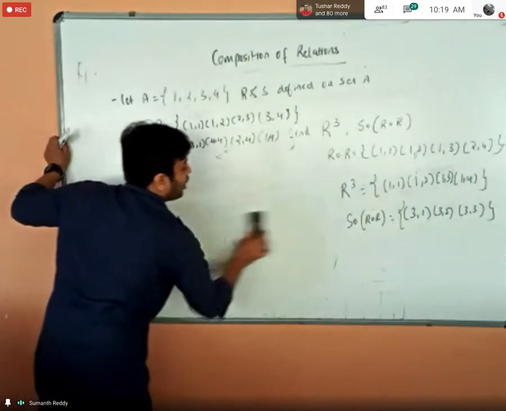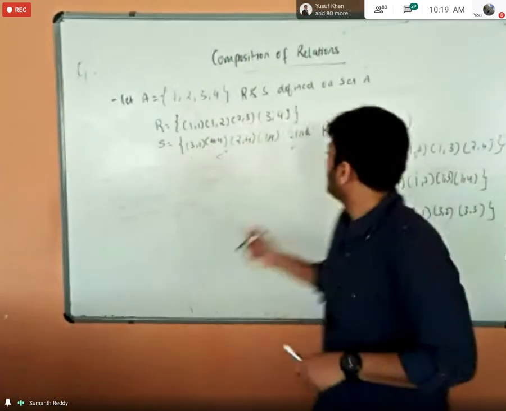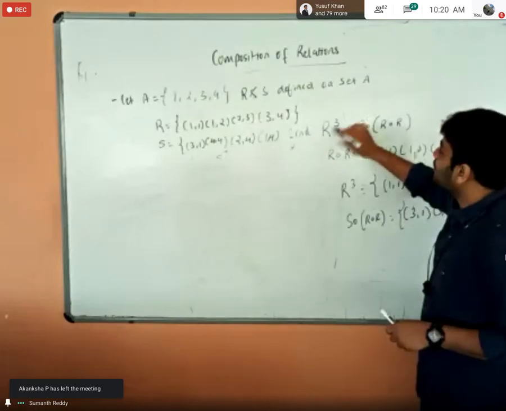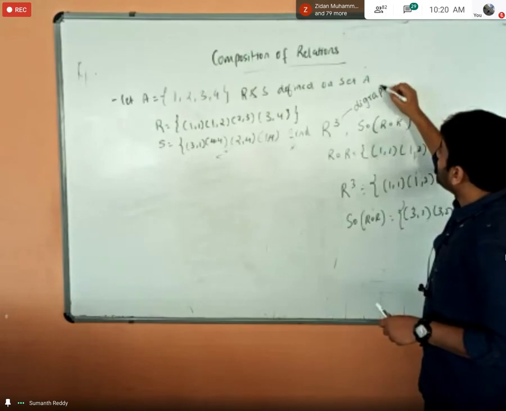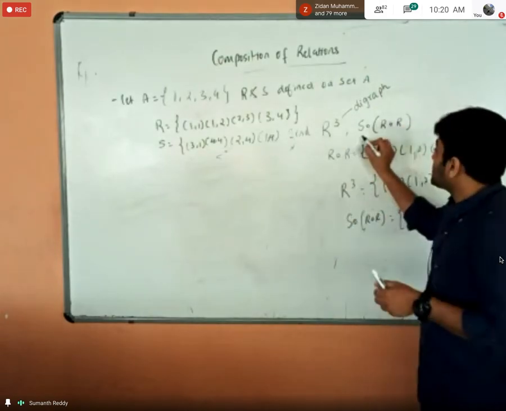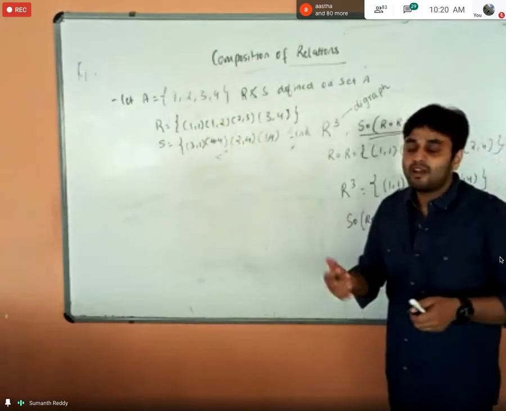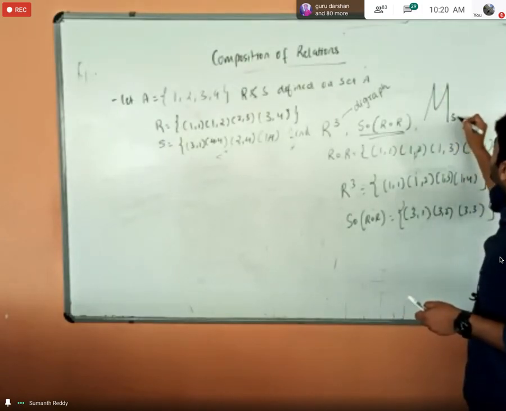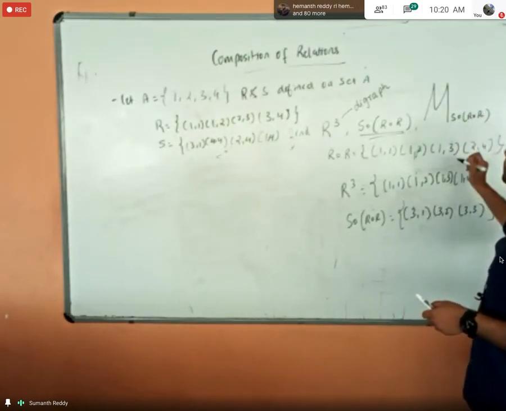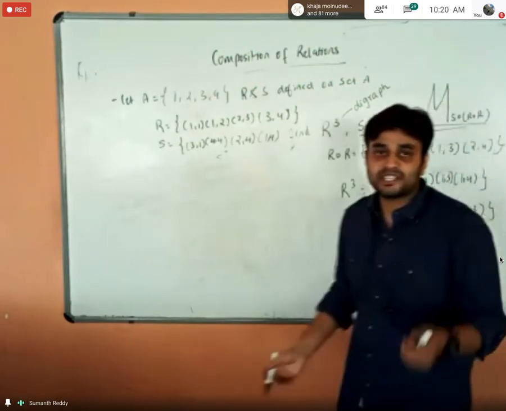After finding the solution, they might ask you to represent this relation in the form of a matrix. Or they will ask like this: write the matrix of S composition of R composition of R. If they ask in this way, the meaning is that this relation has to be represented in the form of a matrix, right? And how to do that, I think you already know.